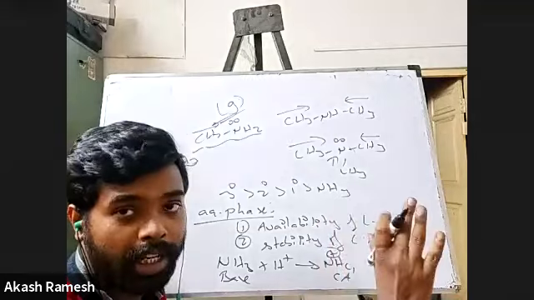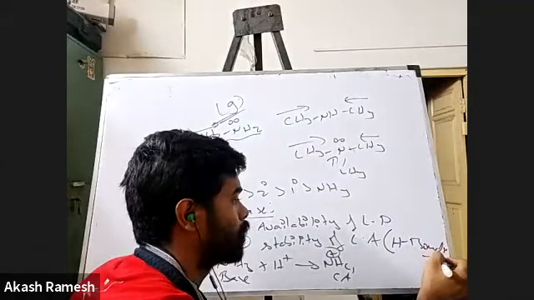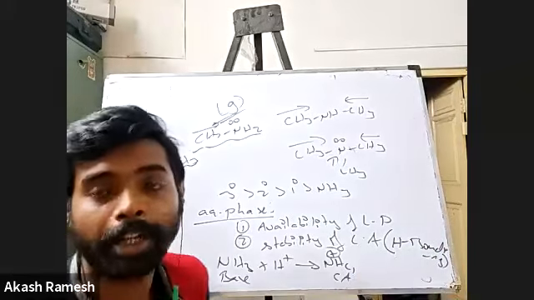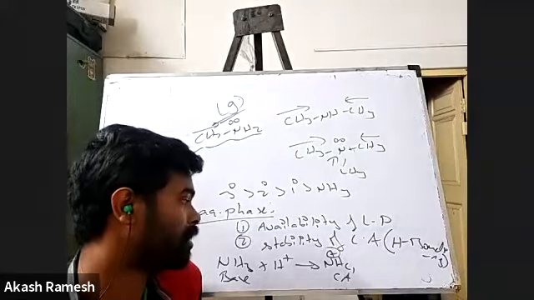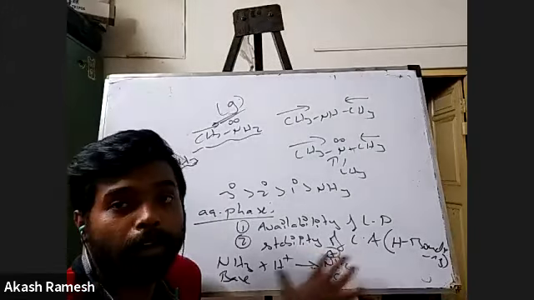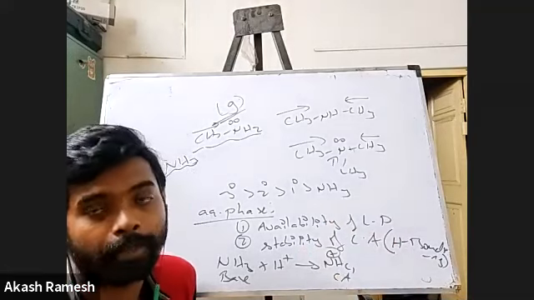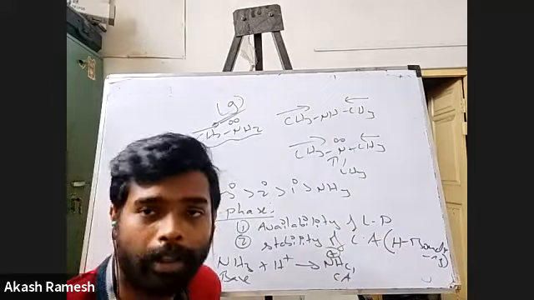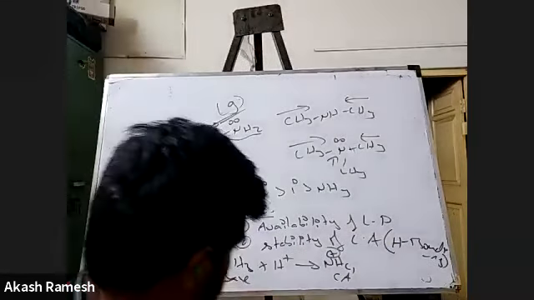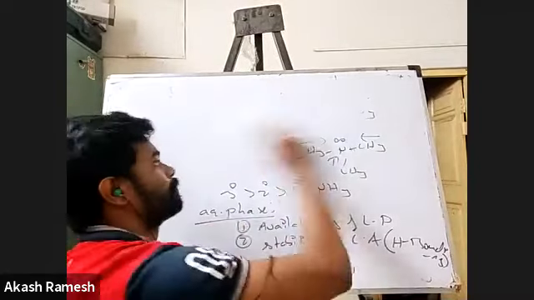We are not going to use any effect. We are just going to use hydrogen bonding because we're talking about aqueous phase. The effect which you're going to use to decide the basic strength based on the stability of the conjugate acid is only hydrogen bonding. We are not going to use any effect.